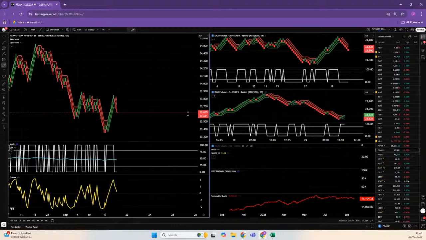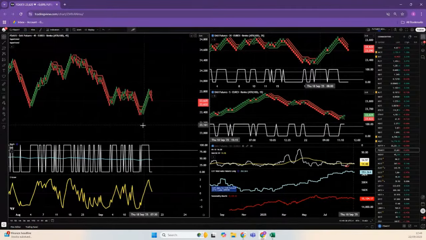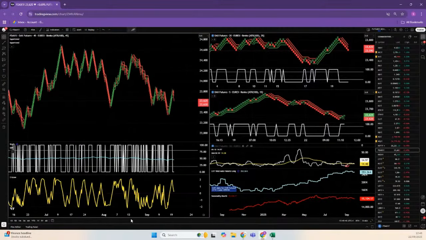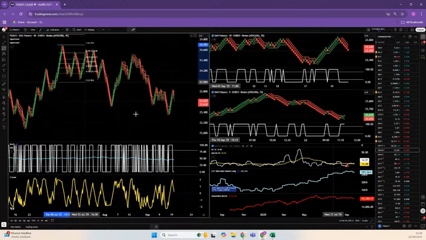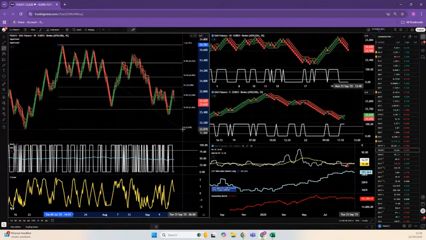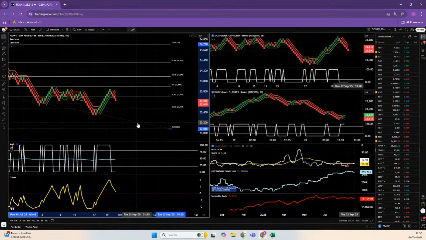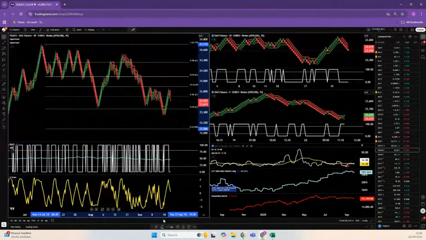DAX in Germany, I'll put that one on as well. Probably the major European stock market around at the moment. Let's just scroll back, not looking very exciting either. If I can line it up correctly for a start.